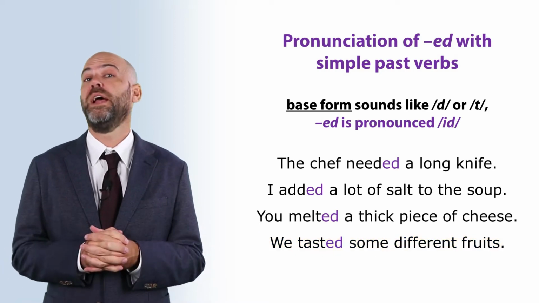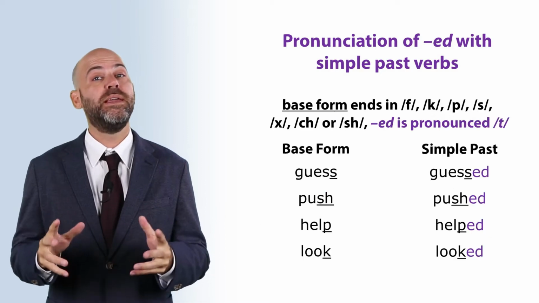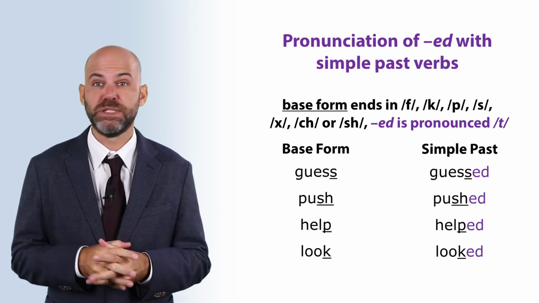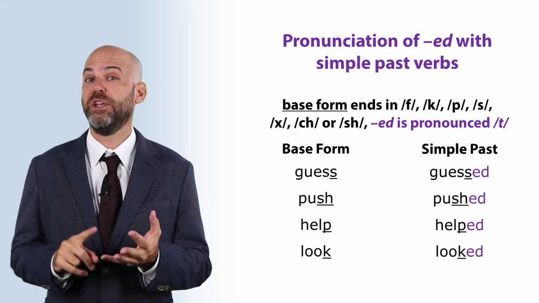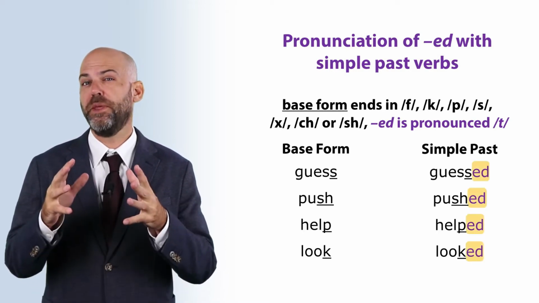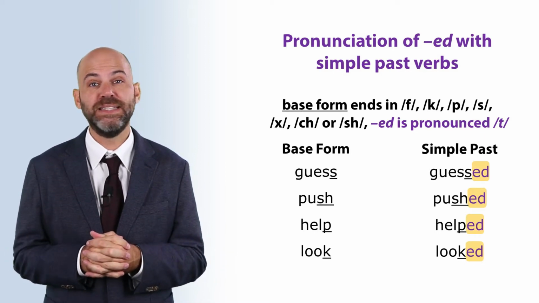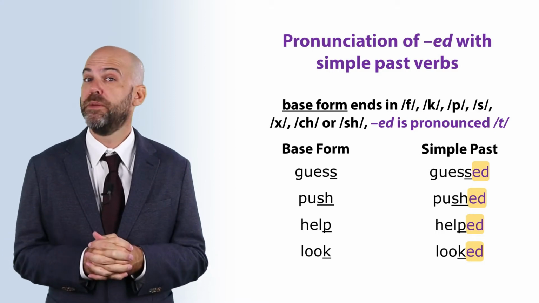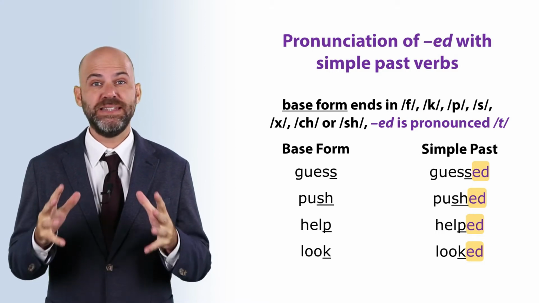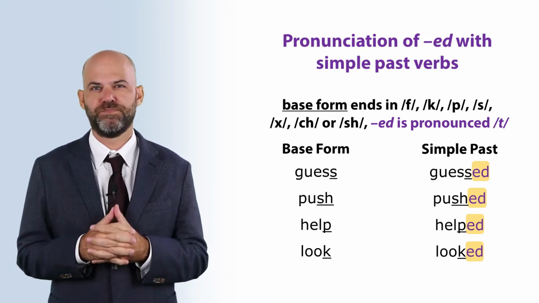Good job. Let's try a different pronunciation. Here we have the regular verbs guess, push, help, and look. The past tense form of these verbs all end in ed. Remember, the pronunciation of ed depends on the ending of the verb.